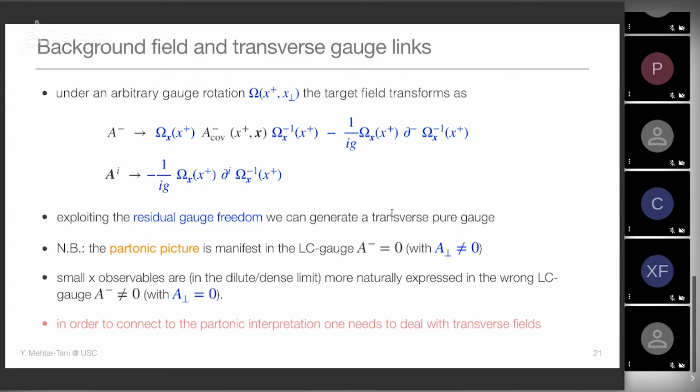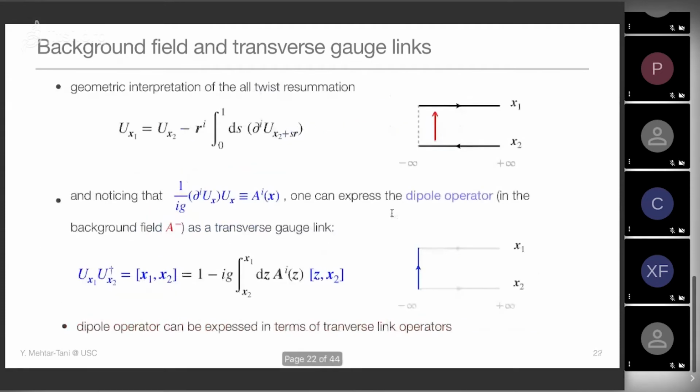This is just a digression, to show that we can do that as a first step towards the connection with moderate x. The transverse gauge field appears naturally by looking at the Wilson line and observing that the Wilson line can be parallel transported from a certain position x2 to x1, and in doing so, you generate a transverse gauge link.